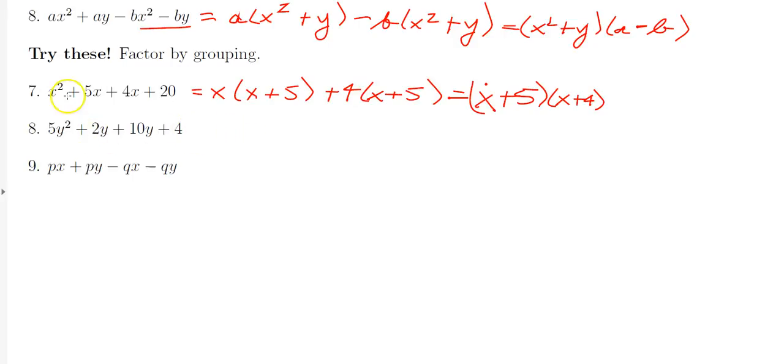In the second problem, we have y as a common factor multiplied by 5y plus 2. And in the second two terms, we have 2 as a common factor, and that's multiplied by 5y plus 2 again.